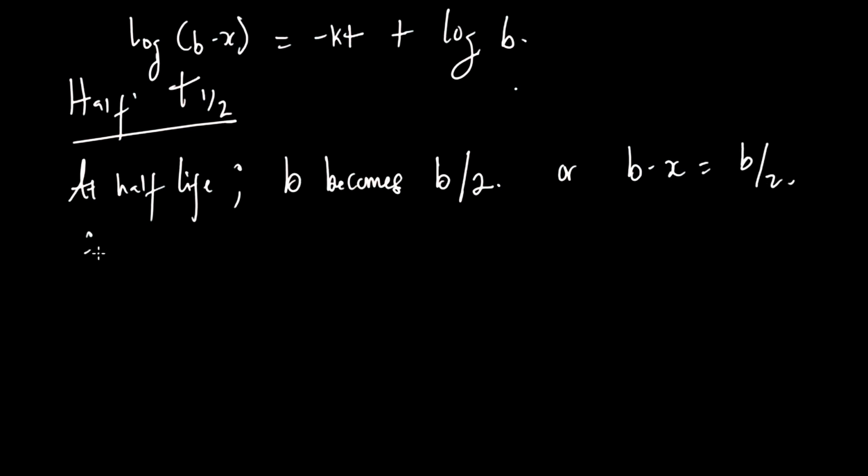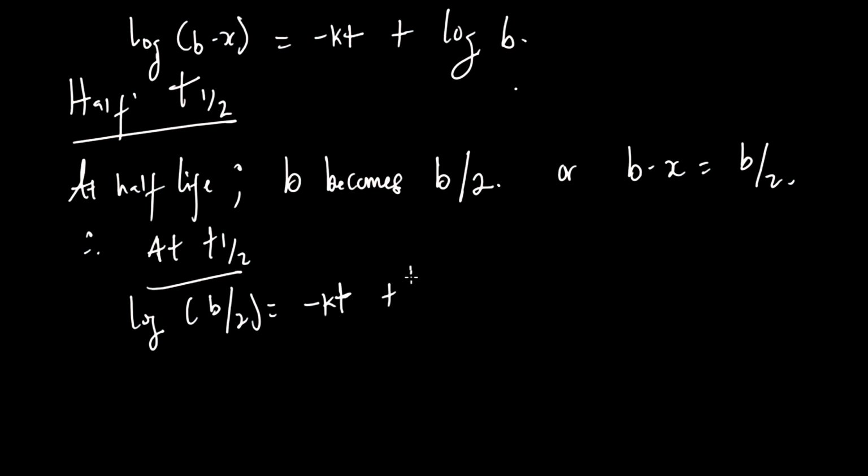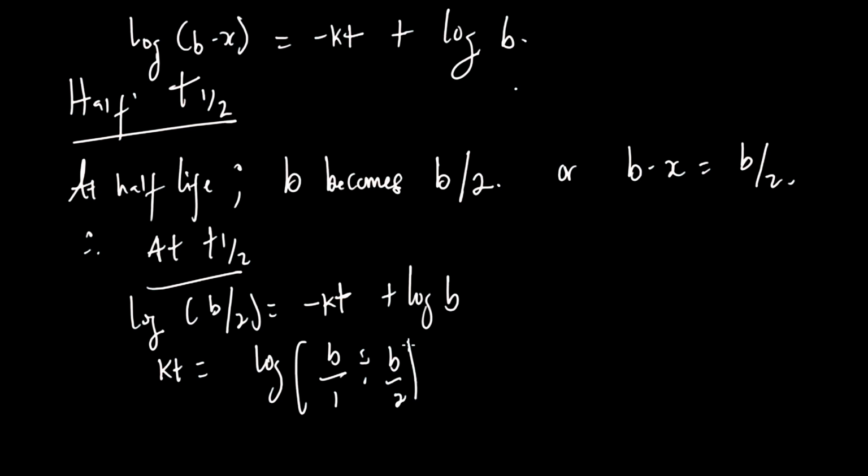So therefore we have that at half-life, log(b over 2) equals negative kt plus log b. So we have that kt equals log b divided by b over 2, and we have it to be log(b times 2 over b).